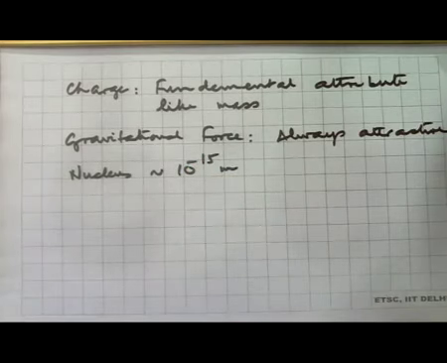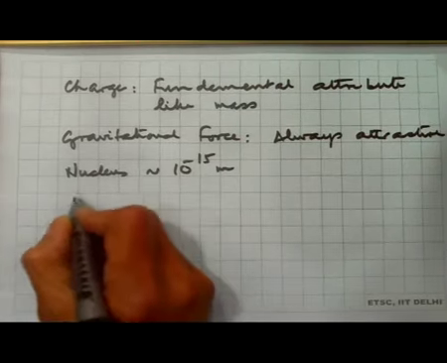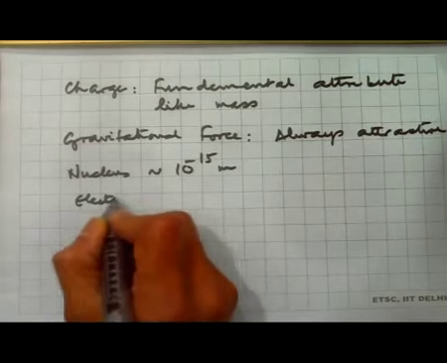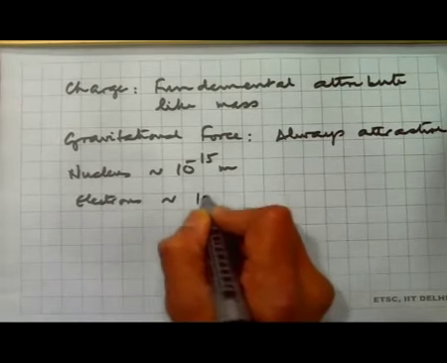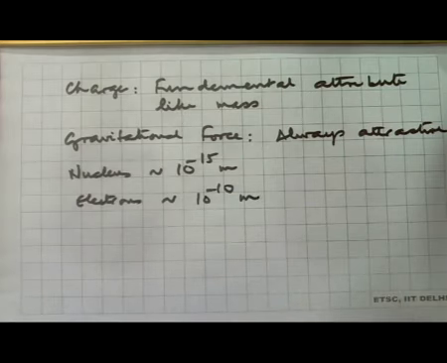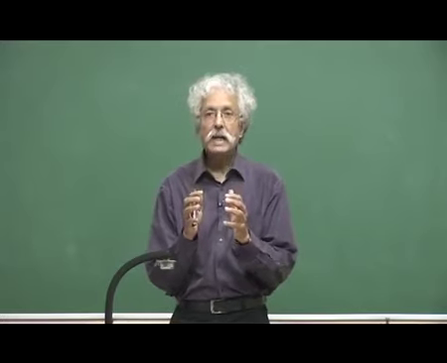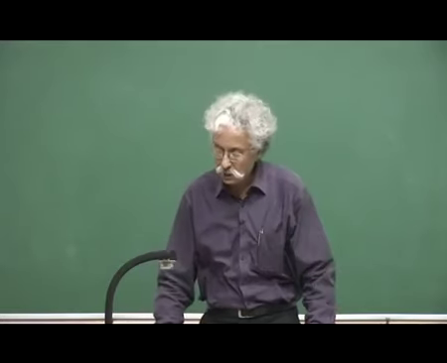So, all the protons and neutrons are sitting within this volume, and then the electrons are surrounding this nucleus to a radius of about 10 to the minus 10 meters. So, you have the nucleus consisting of protons and neutrons, and you have the electrons surrounding this nucleus.